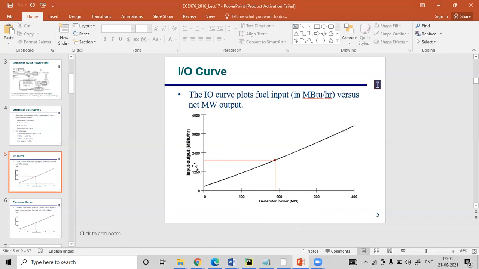When input thermal energy increases, then the output of the generator power will be increased, right? Is this clear? The input output curve plots fuel input versus net megawatt output. Means how much fuel input is given to generate per unit power in terms of megawatt in a generator. This is the basic curve and basic definition of the input output curve, right?